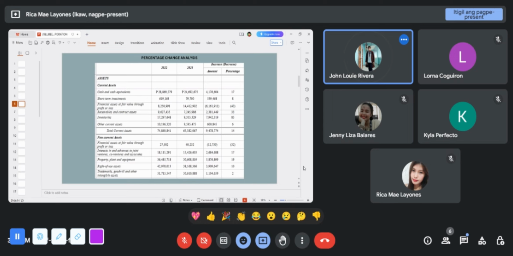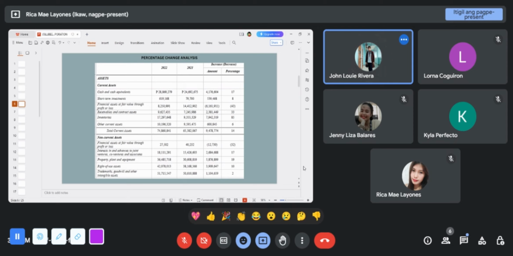So in assets, cash and cash equivalents. The amount is 4,126,604, increased by 17 percent. Short-term investments, amount 539,468, increased by 8. Financial assets at fair value through profit or loss, the amount is negative 6,161,911, decreased by 43.